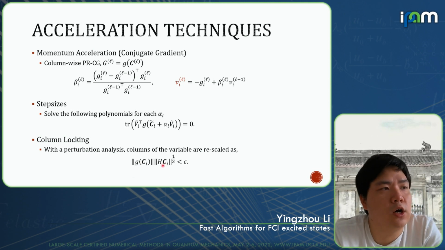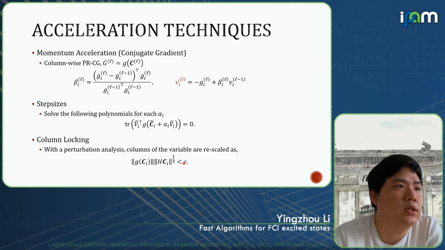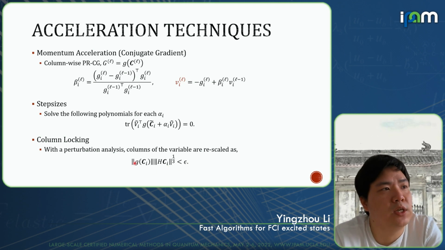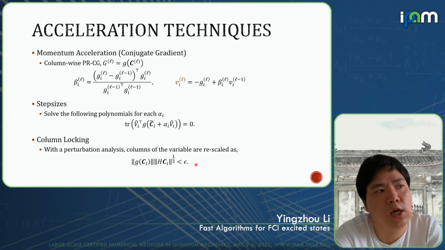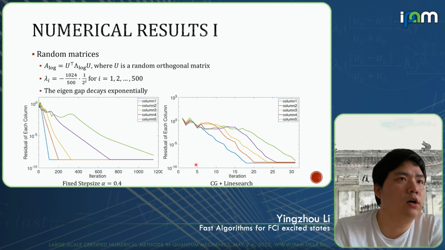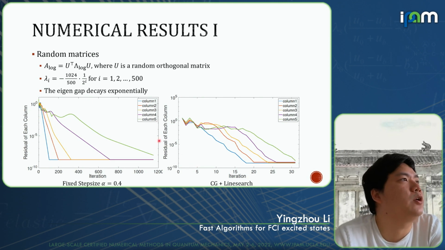This is essentially a locking criterion for the ith column. Such a scaling is chosen so that all columns can be truncated or locked with the same tolerance epsilon.